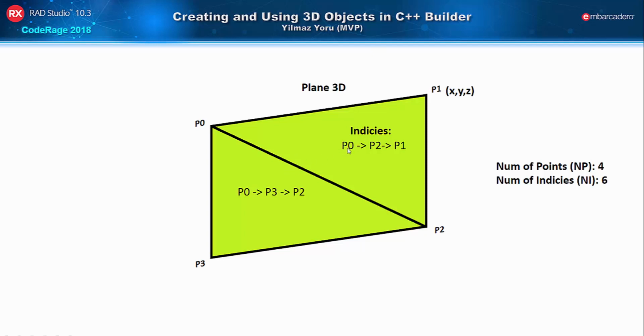The three indices of this triangle are P0, P2, P1, and the other three indices are P0, P3, and P2. So for this plane, we have 4 points and 6 indices.